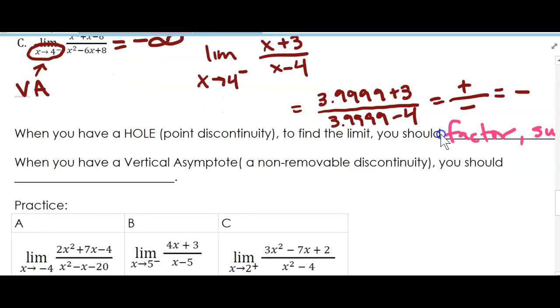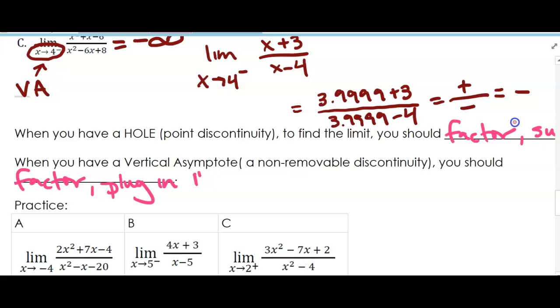If we have a vertical asymptote, so we factor, and we notice that even when we try to substitute that x value that we're evaluating the limit at, it still doesn't work, we're going to plug in numbers.